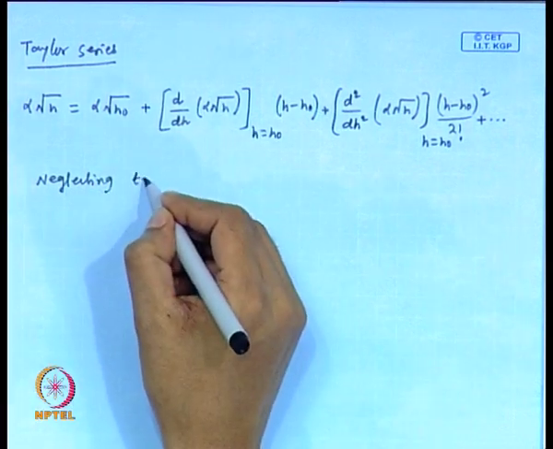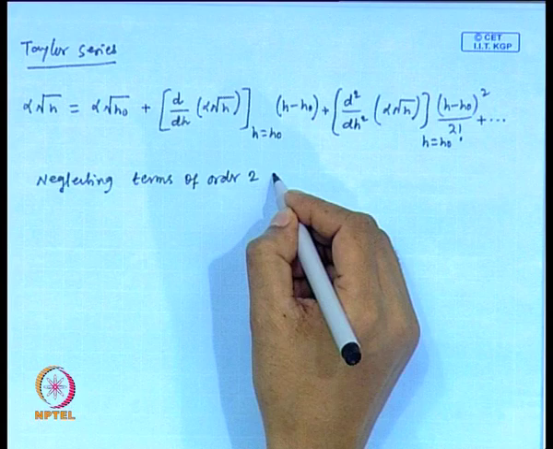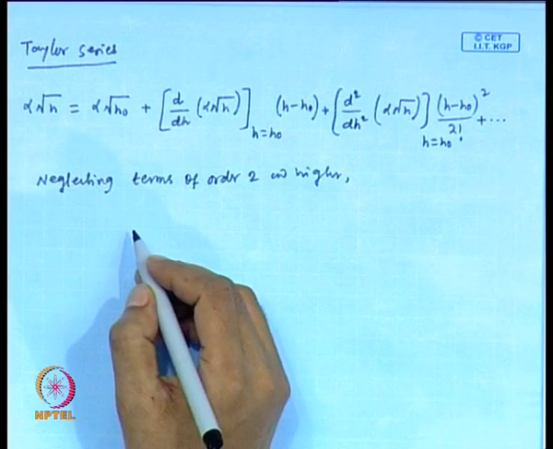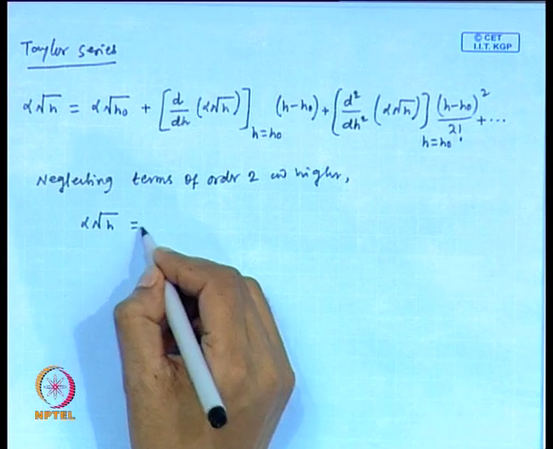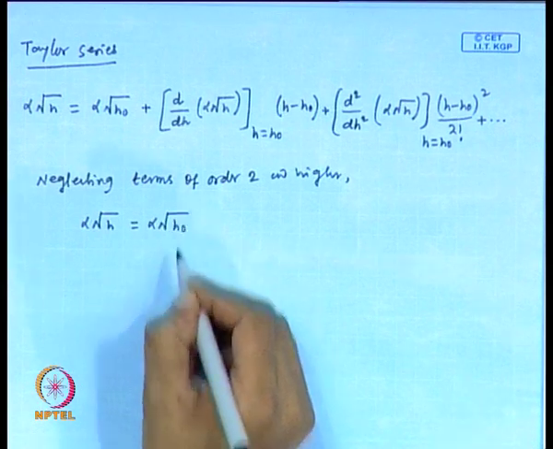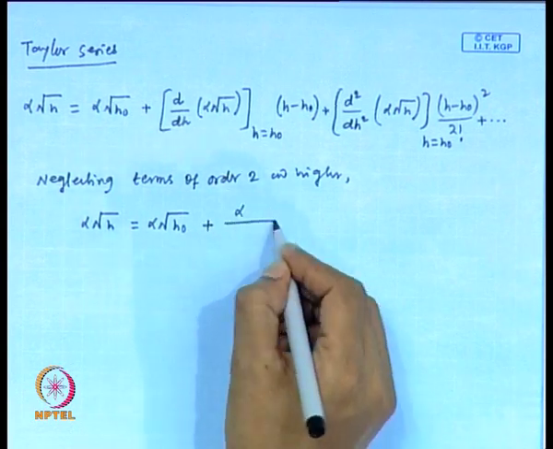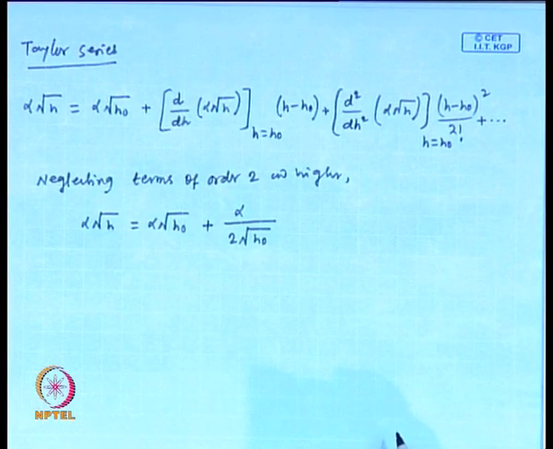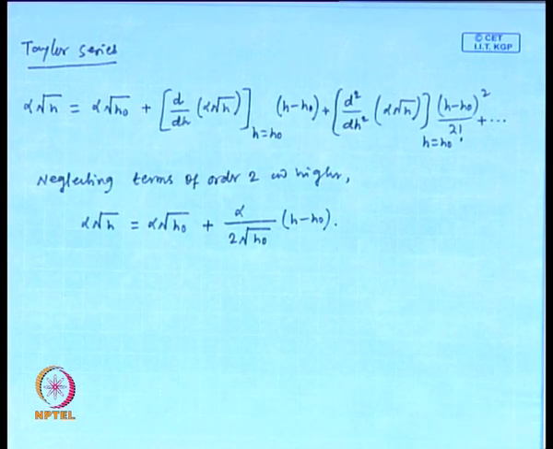Neglecting terms of order 2 and higher, we get alpha root h equals alpha root h naught plus alpha divided by 2 root h naught multiplied by (h minus h naught).